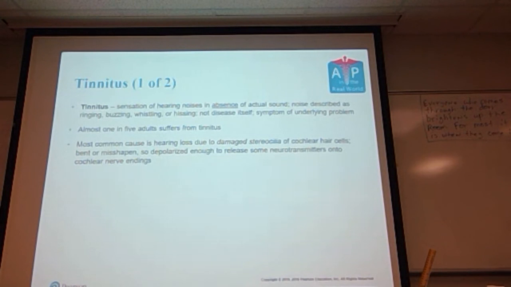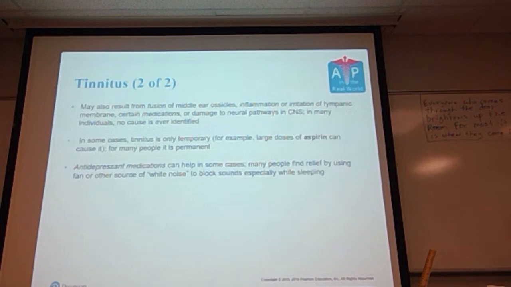About 1 in 5 adults suffer from some form of tinnitus. The most common cause is hearing loss due to damaged stereocilia of the cochlear hair cells. Those cells are either bent or misshapen, or they are depolarized enough to release neurotransmitters onto the cochlear nerve endings, even though there is no stimulus to release those neurotransmitters.